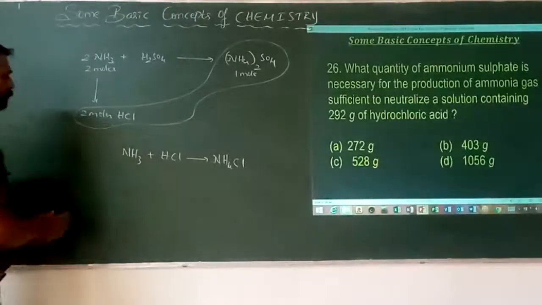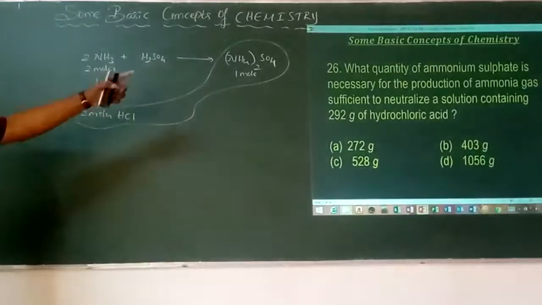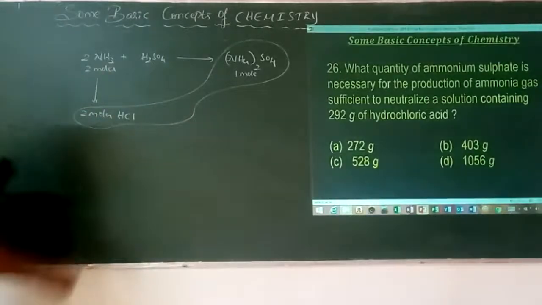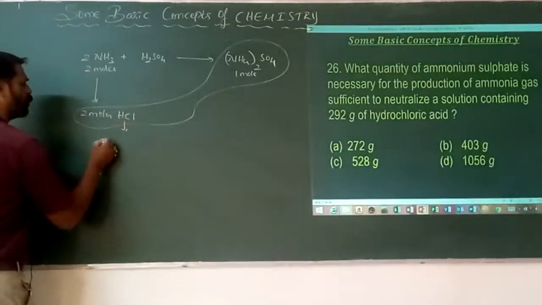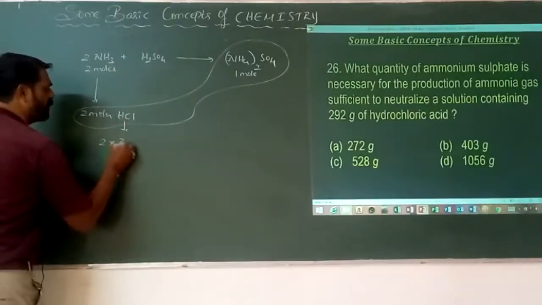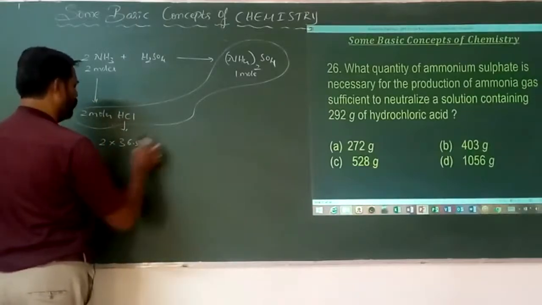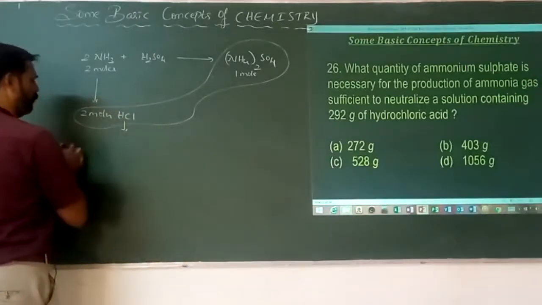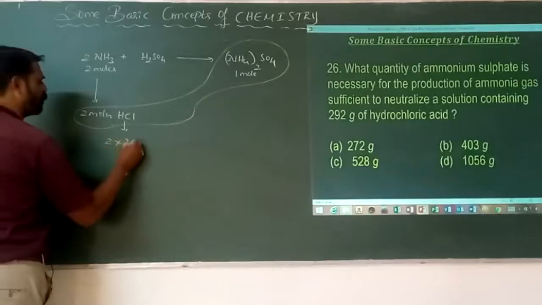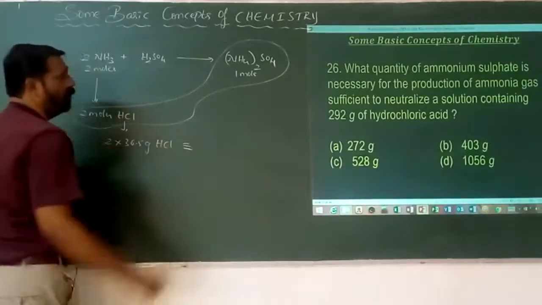Now, 2 moles of HCl is equal to how much? 1 mole of ammonium sulfate. Here, 2 moles of HCl means 2 into 36.5, the HCl mass. So 2 into 36.5 grams of HCl is equivalent to 1 mole.